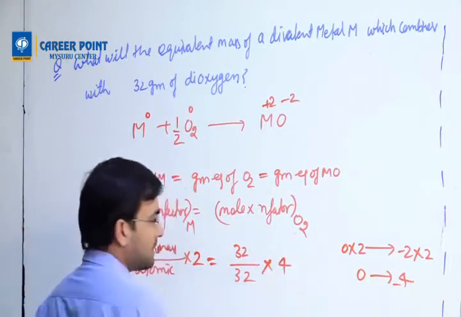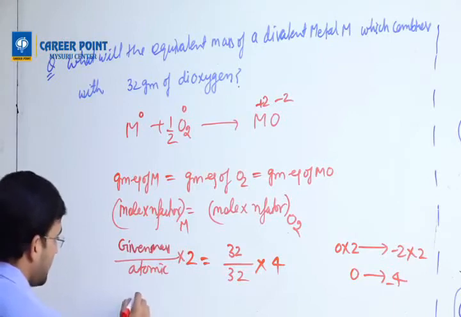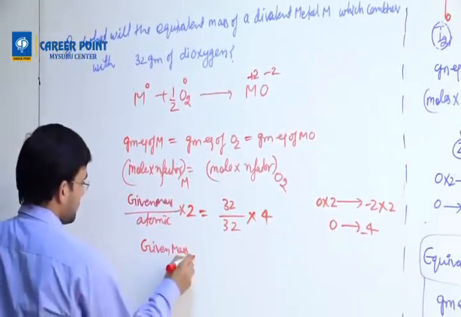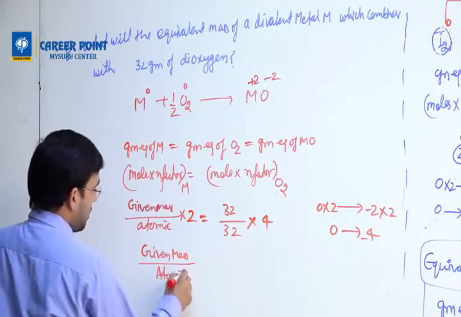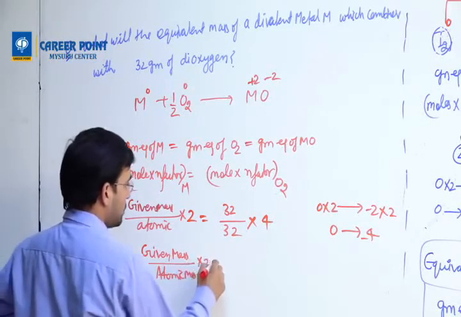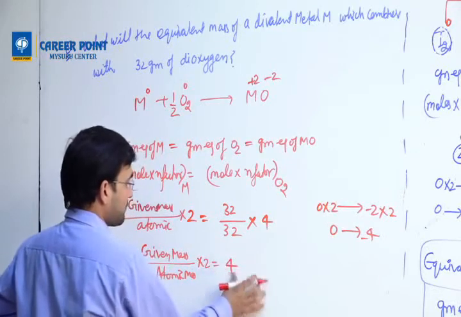So the n factor is 4. Right? Then I can write given mass by atomic mass into 2 equals to 4.